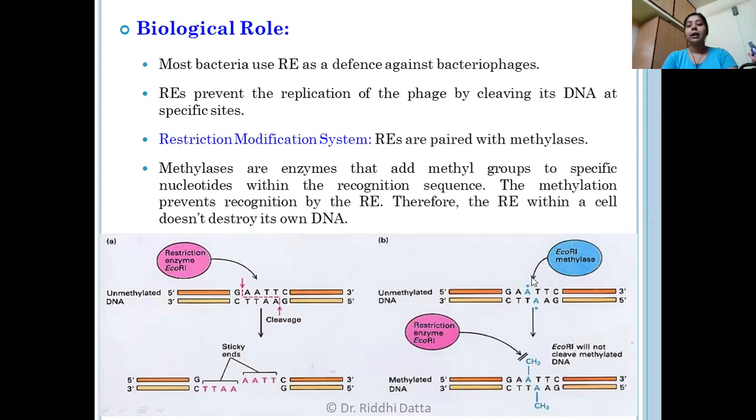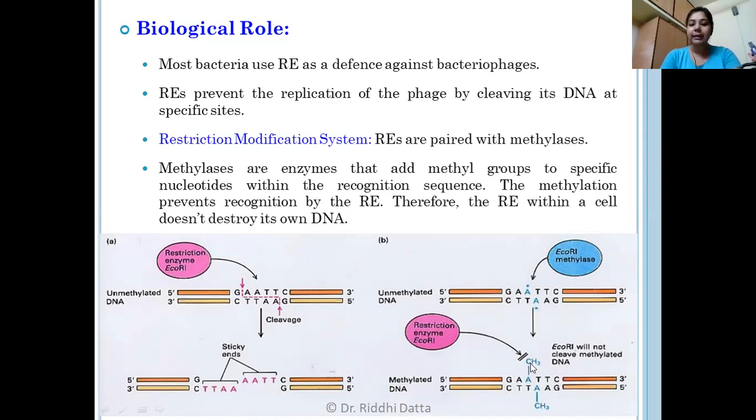What it does, this methylase enzyme will recognize the same restriction site as that of the endonuclease enzyme. And once it has recognized the site, it will specifically methylate one or two residues in this site in a site-specific manner. For example, in case of EcoRI, the methylase will methylate these two adenine residues specifically.